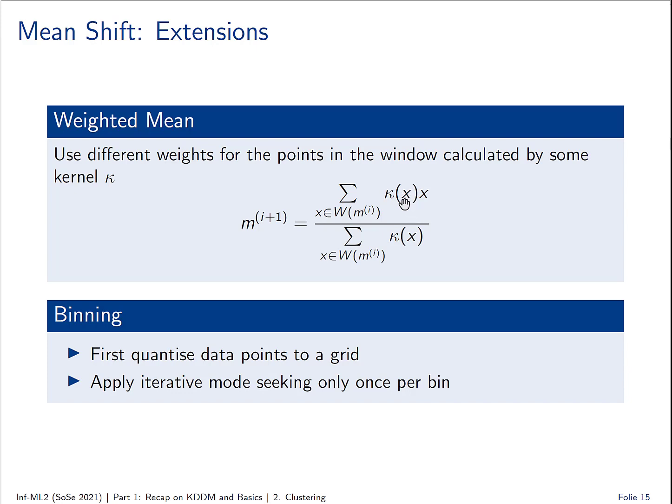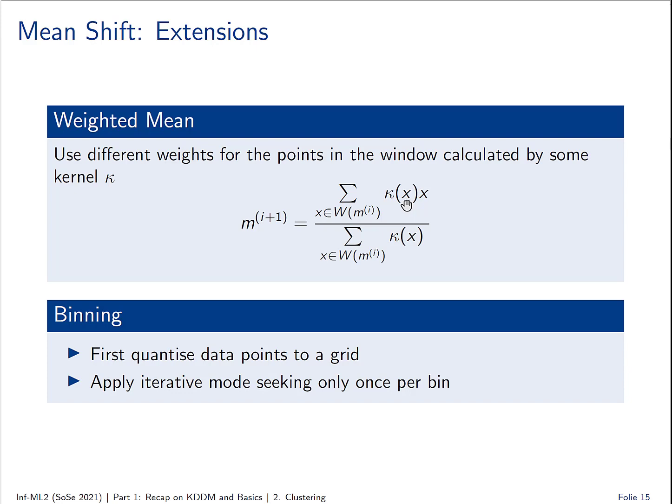Here you can think of different things. For example, weight points that are a little closer to the center of the sphere, the starting point, a little higher, so that you get a little less sensitive to noise. The mean is sensitive to noise. If the sphere is small, no problem.